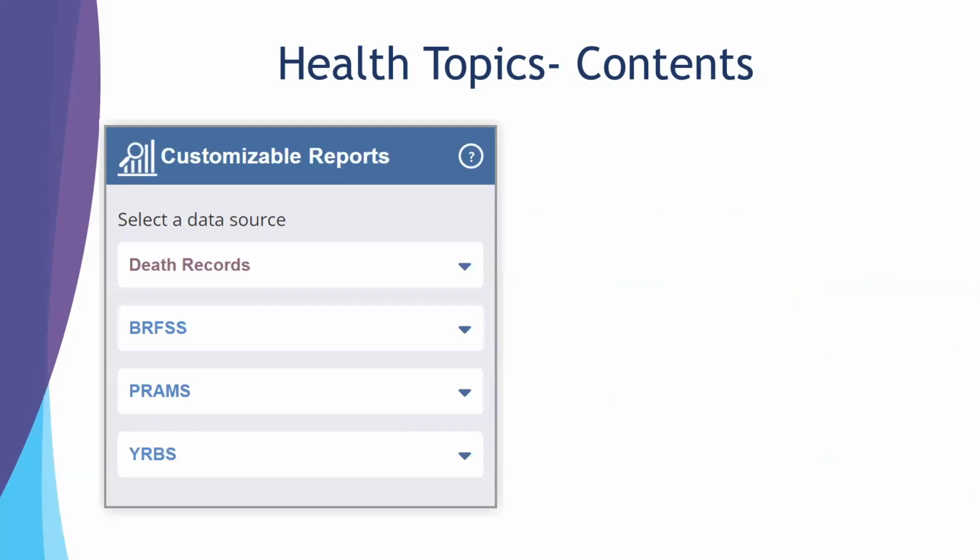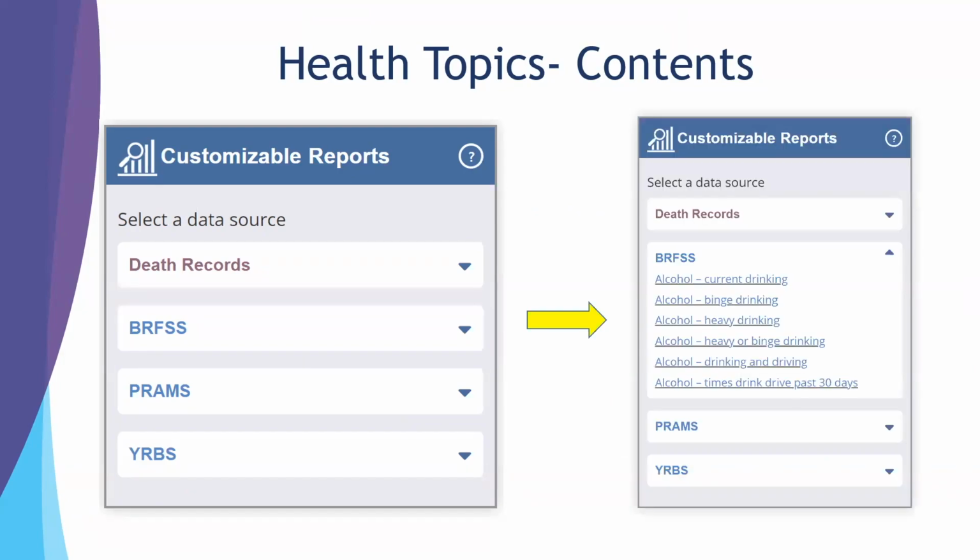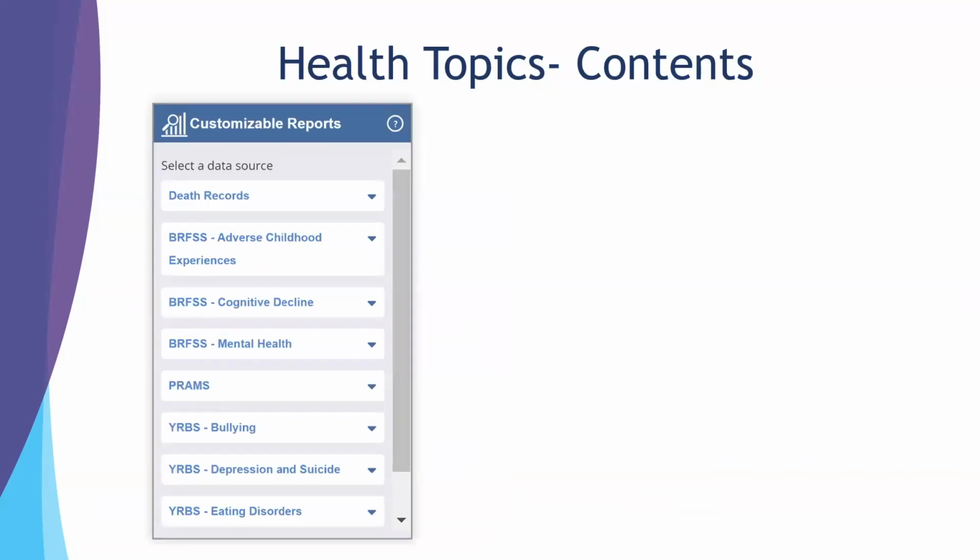The customizable reports are indicators in HHDW that are relevant to the selected health topic. Here we see indicators available for death records, BRFSS, PRAMS, and YRBS. And if you click on the arrow to the right of the data source, the window expands to show you the specific indicators available for that data source. Sometimes a single data source will be divided into relevant categories of indicators.